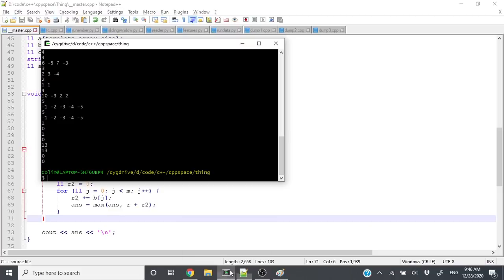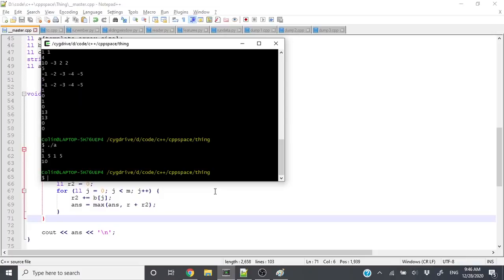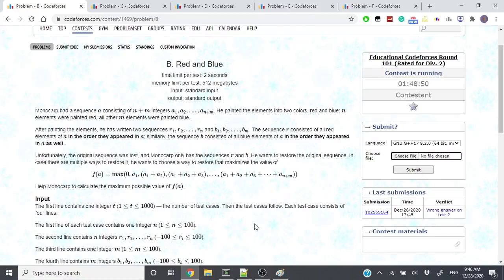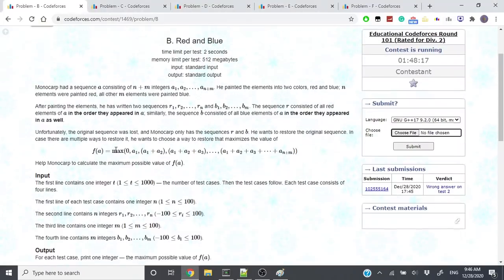What am I doing then? So we start off with 0 because it's the beginning value.